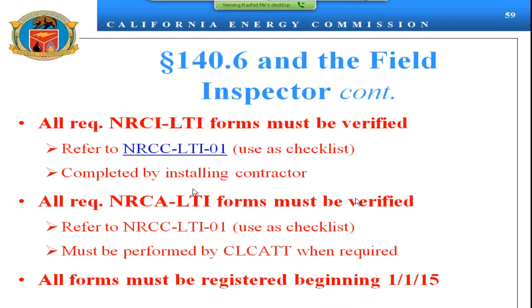You're also going to want to verify that all of the acceptance testing forms for indoor lighting are completed. Again, you want to verify that they're performed and completed by a certified technician or contractor when the thresholds have been satisfied. And also remember that all of these forms that are provided at final will need to be registered with the non-res data registry if approved come January of next year.